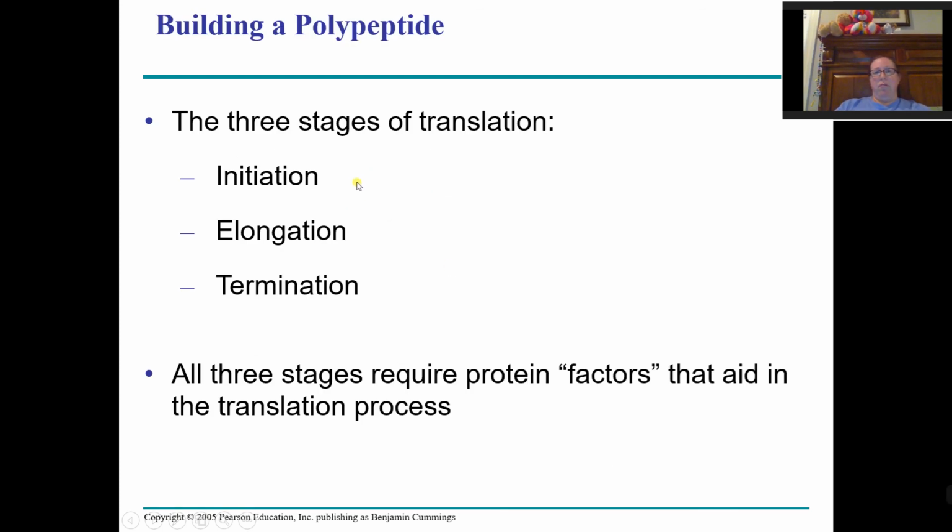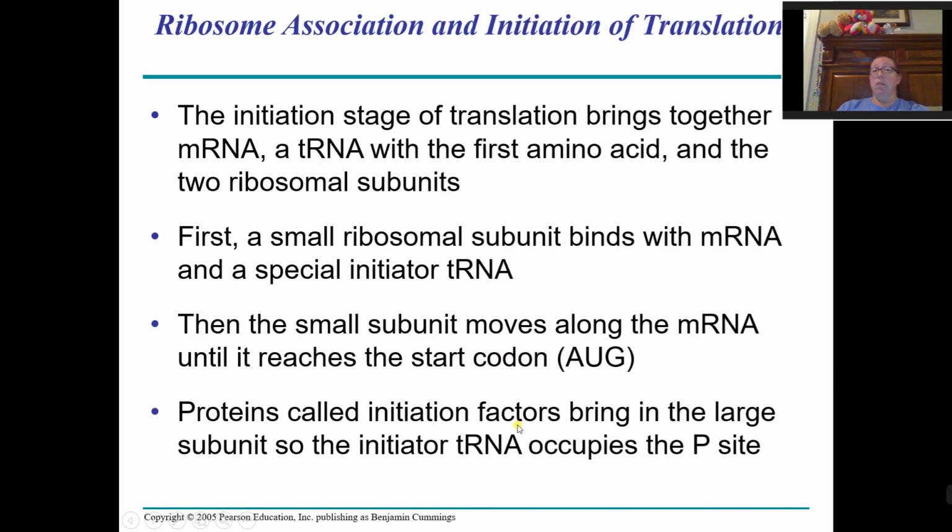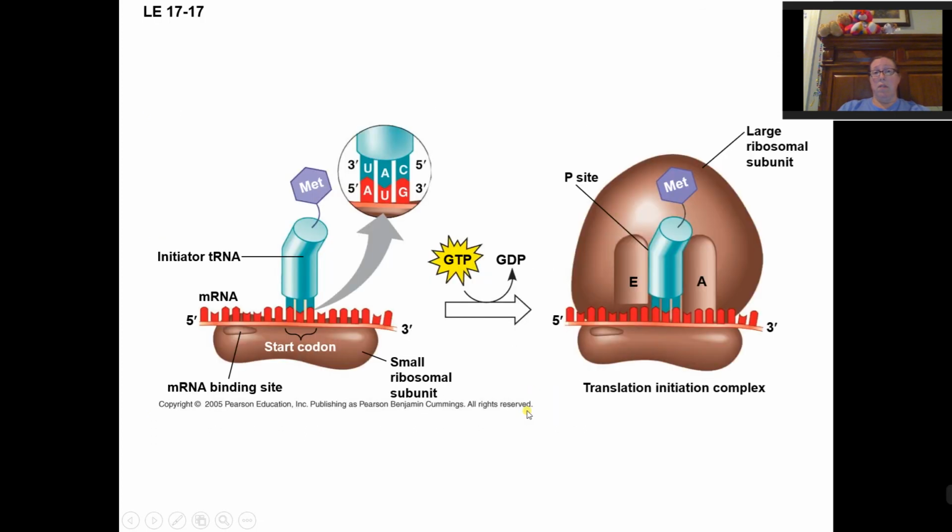Same thing in translation: you've got start, elongation, and termination. And what ends it? Well, the stop codon, right? It starts with an AUG, and this is a nice picture too because it's blown up. So it finds the first AUG it comes to, and that's going to start it.